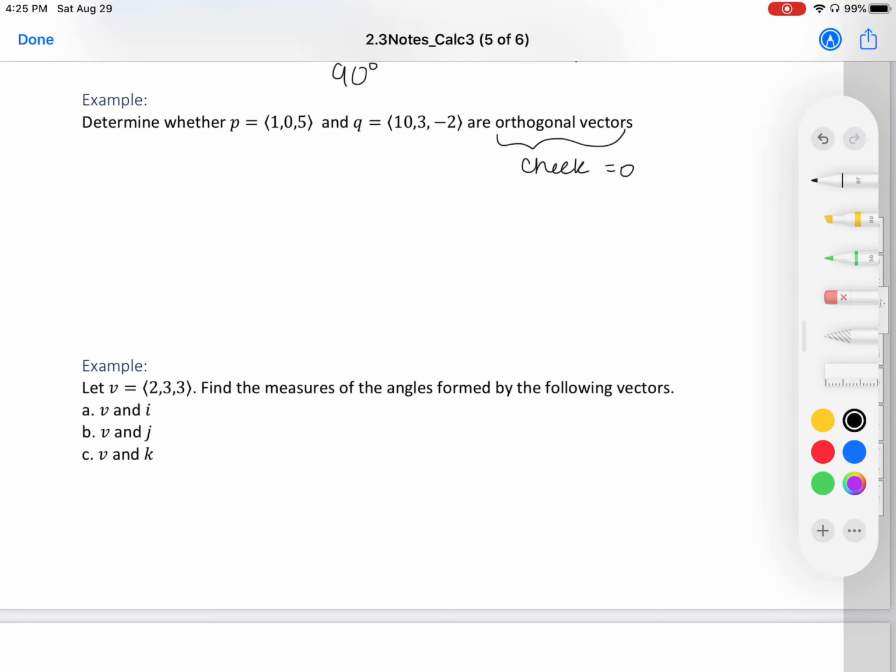And that's all we really care for, since it just wants to know if they're orthogonal. All right, let's perform the dot product. 1 times 10, 0 times 3, plus 5 times -2. So we get 10 plus 0 minus 10. We get 0. Great. We can say, yes, they're orthogonal.